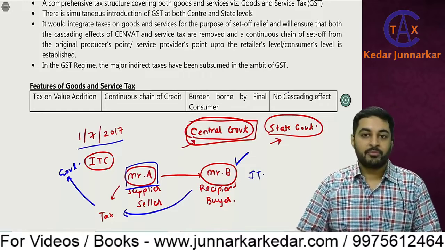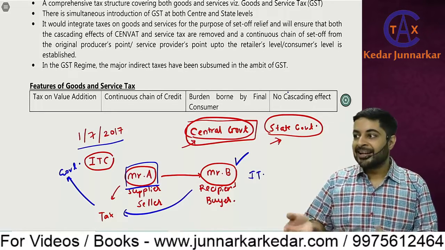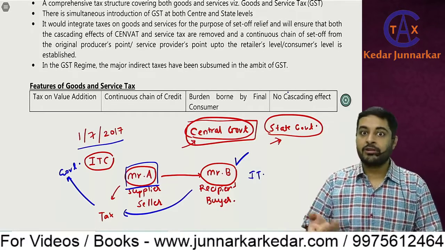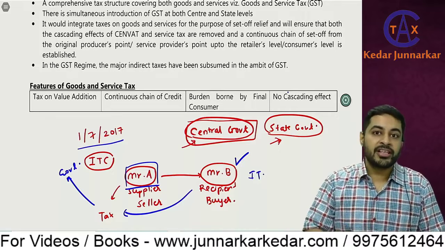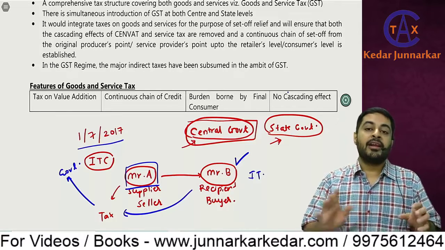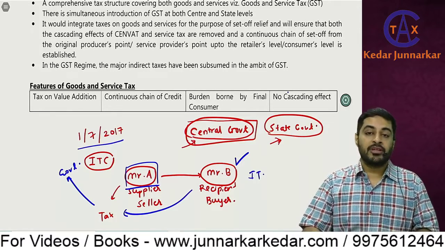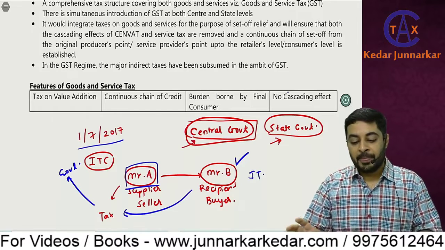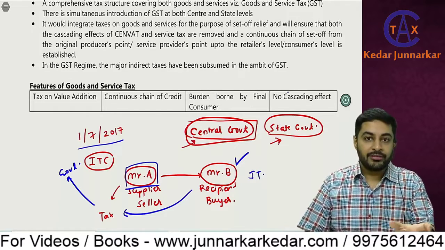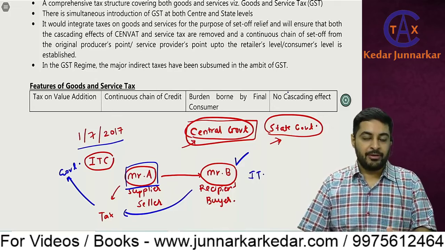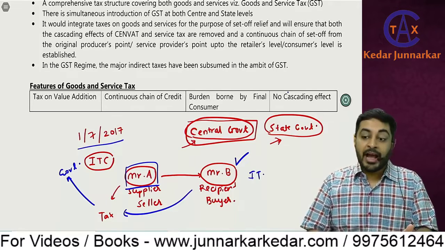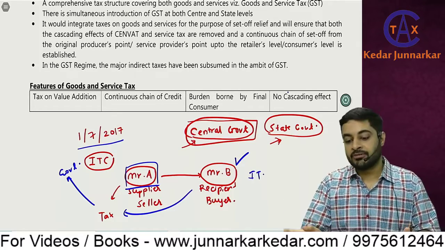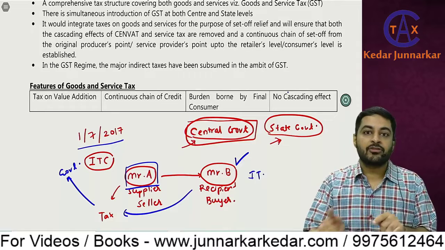The waiter comes and gives you the food. Then the cleaning person comes and cleans the table. This is all service. So before GST, there were multiple high court rulings, and due to that it was held that on the goods component VAT was payable, and on the service component service tax was payable. So there were multiple taxes on the same transaction.